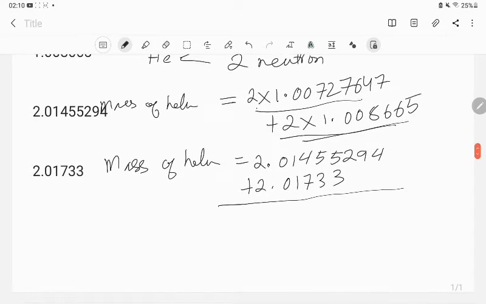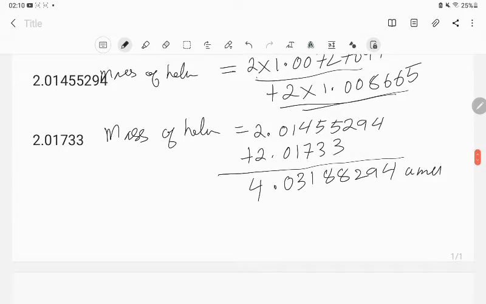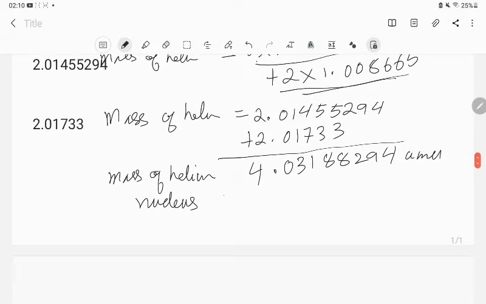If you add these two, we get 4.0318 AMU. So this is the mass of the helium nucleus when protons and neutrons are taken individually.